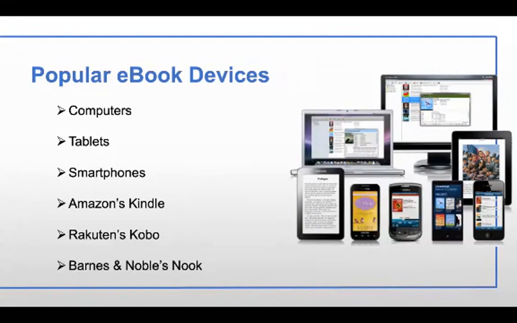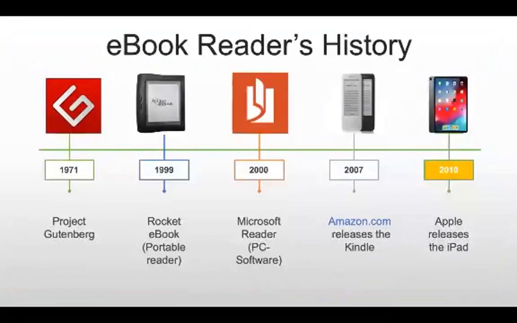Kindle is basically an anti-glare device, and once you start reading, you feel you have a traditional book in front of you, because it's anti-glare, it does not damage your eyes or make you tired from reading. And there are many other devices as well. Whatever digital device you use to read an electronic book is related to ebook devices.